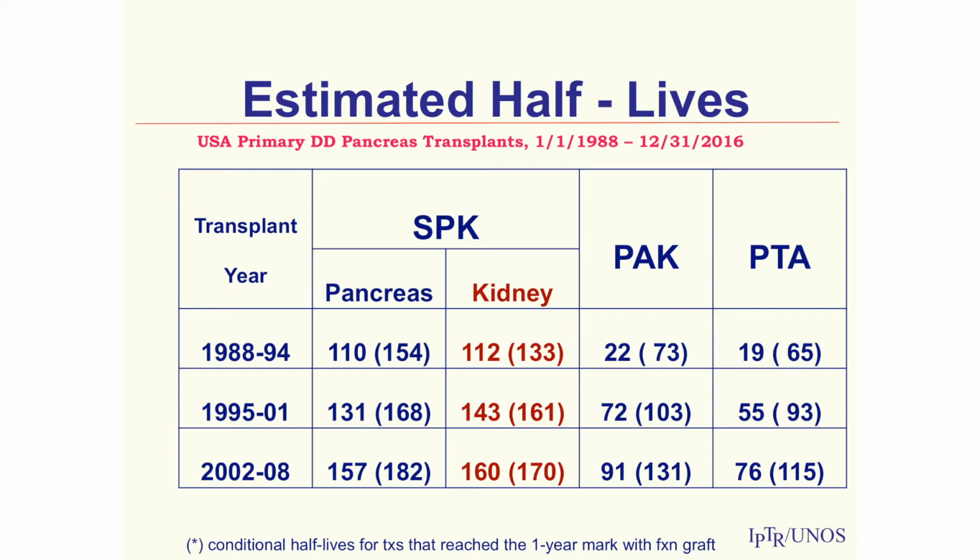Now compare the pancreas in the SPK category with the kidneys. Again, if you look at 1 year survival, the results are actually comparable: 110, 112, 131, 143, 157, 160. So you may say there's a slight advantage in favor of the kidney.